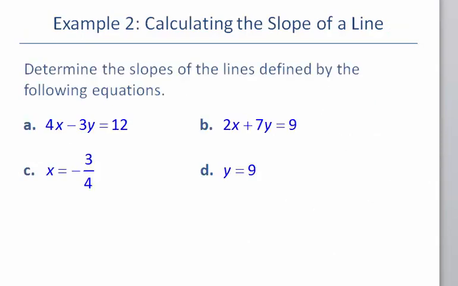Returning to our problem, part C asked me to find the slope of x is equal to negative 3/4. Notice that there's only one variable, which tells me that it's either a vertical or a horizontal line. Because it only has an x, I know that this is a vertical line.